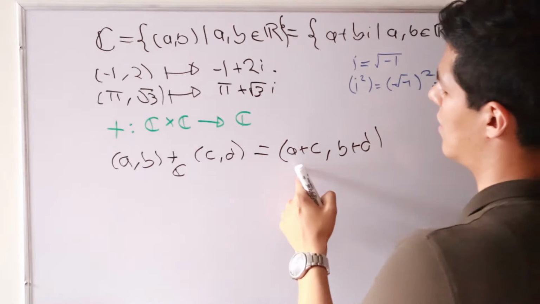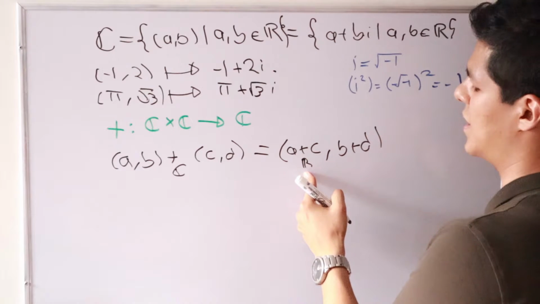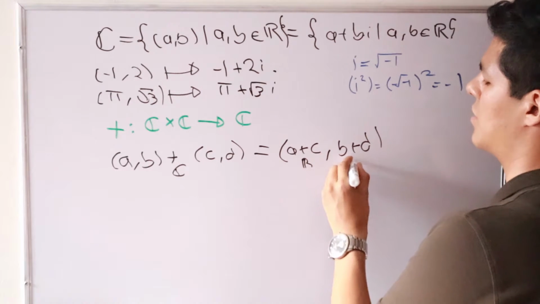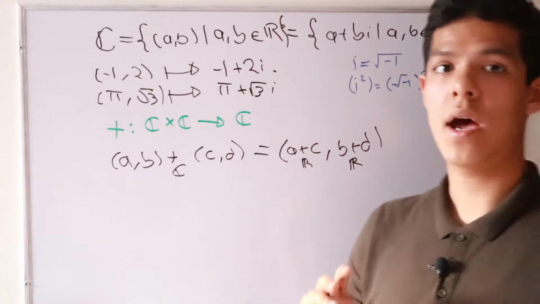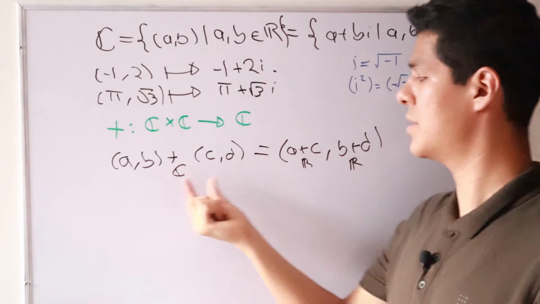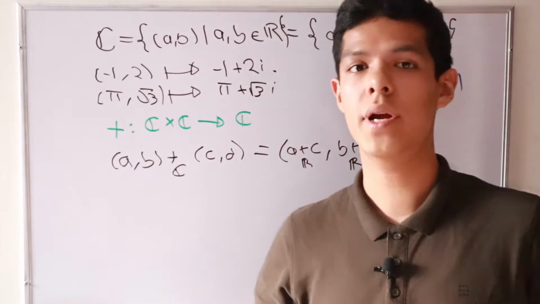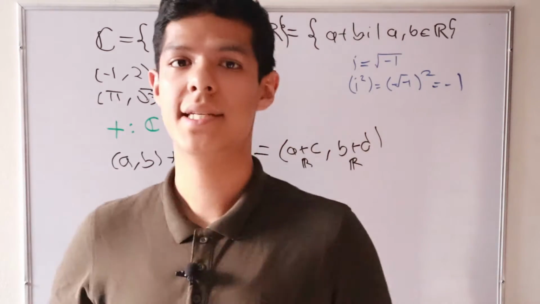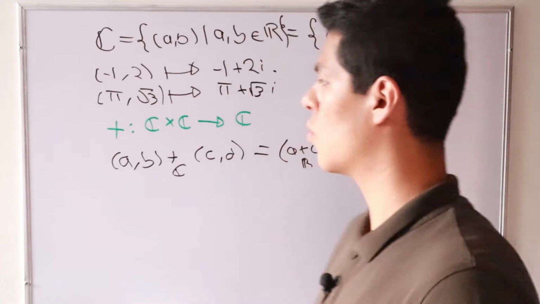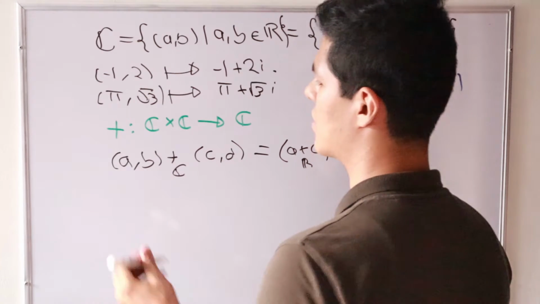And a plus c is a real number, the operation of addition on the reals, and also this. So watch out, guys, because this is the addition of the complex numbers and this is the addition on the real numbers.